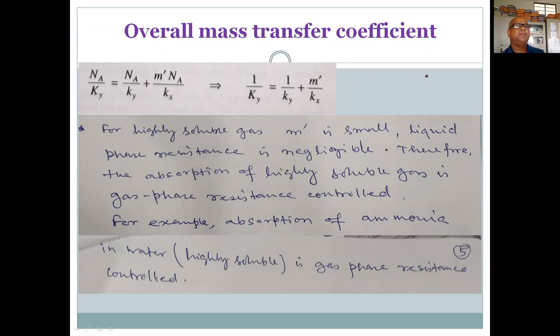If it is highly soluble, at equilibrium the liquid phase concentration will be higher. Let's take the liquid phase as 0.6 and the gas phase will be lower, let's take 0.1, that is y star and this is x star.